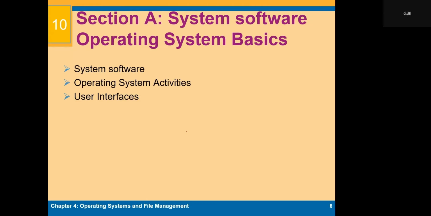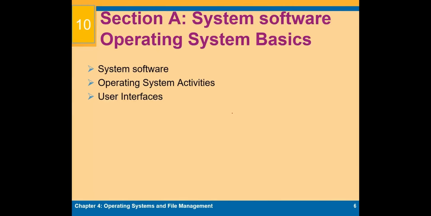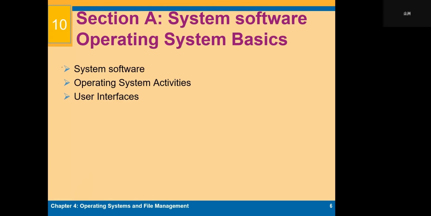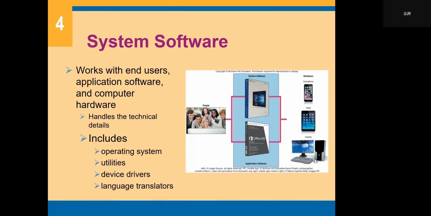Firstly, in our first section, we are going to talk about the operating system basics. It mainly includes three parts. First, we are going to talk about the system software. In fact, it's not a single program, right?